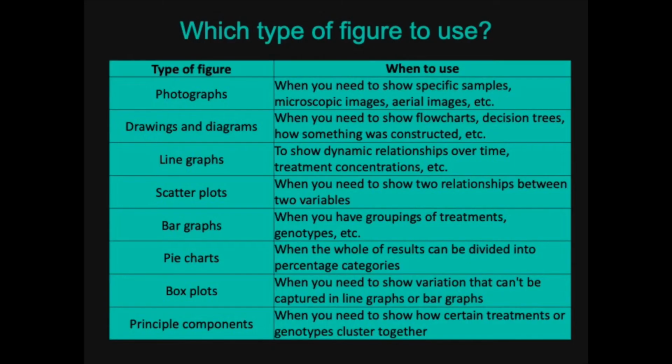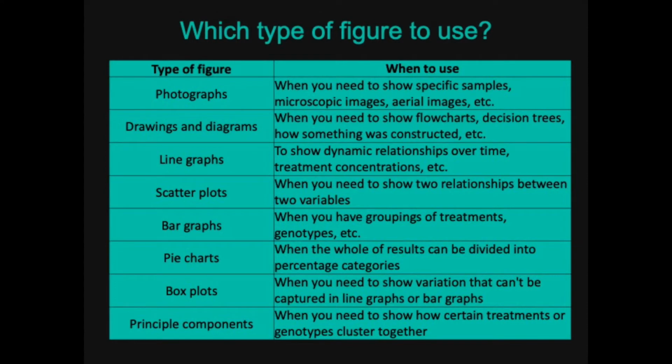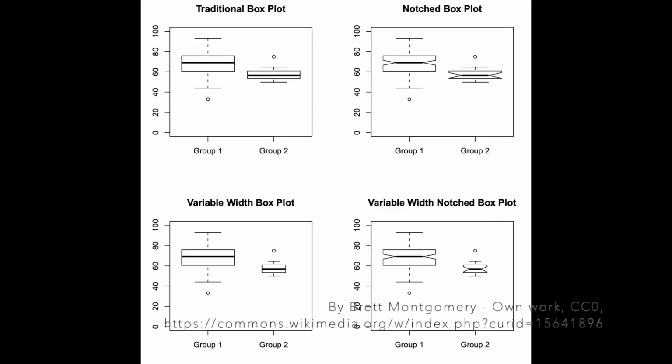Pie charts are used occasionally. I don't see them used a lot, but they are handy when you're dividing the whole group of results into percentage categories. Box plots are great. They're kind of like a bar graph, but they have a lot more information in them, and they show the variation.